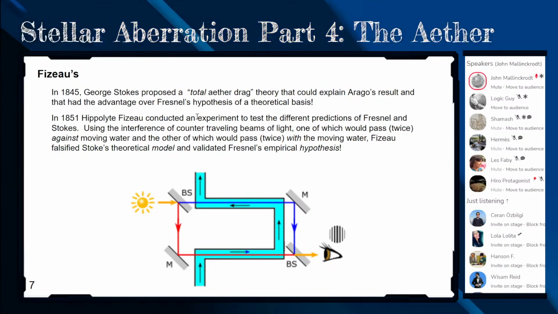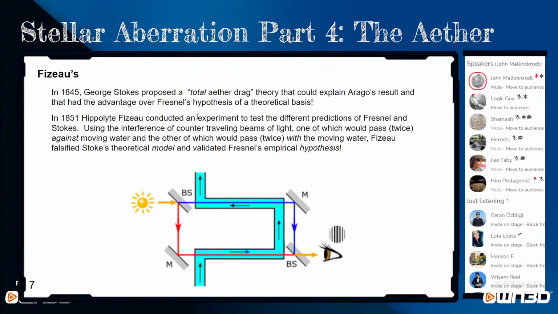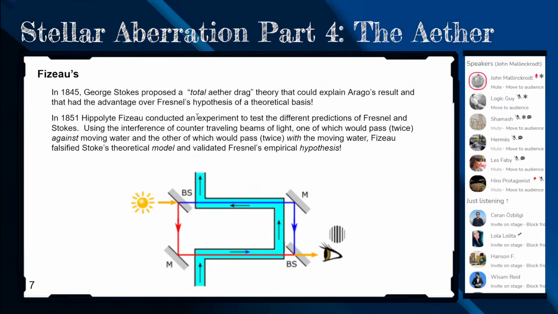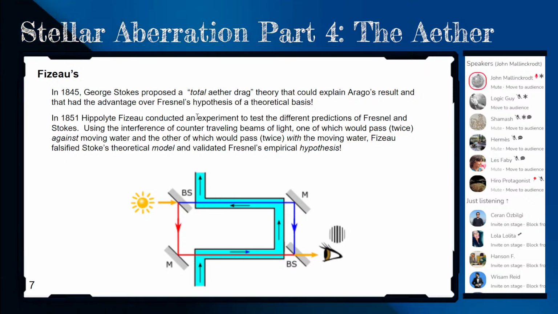Kind of a complicated theory, but a theory based on nothing other than trying to say, well, I think the medium should grab the ether and then move it, and then there'd be some kind of effects off to the sides as well. And his theory explained Arago's result, and it was based on a model, unlike Fresnel's, which was just simply how to explain Arago's result, period.